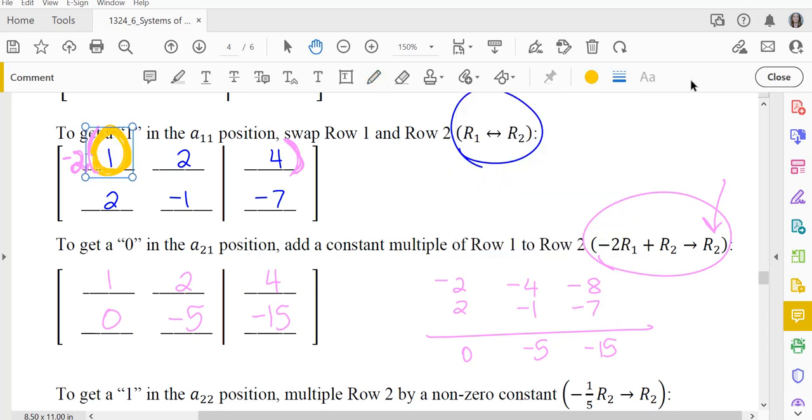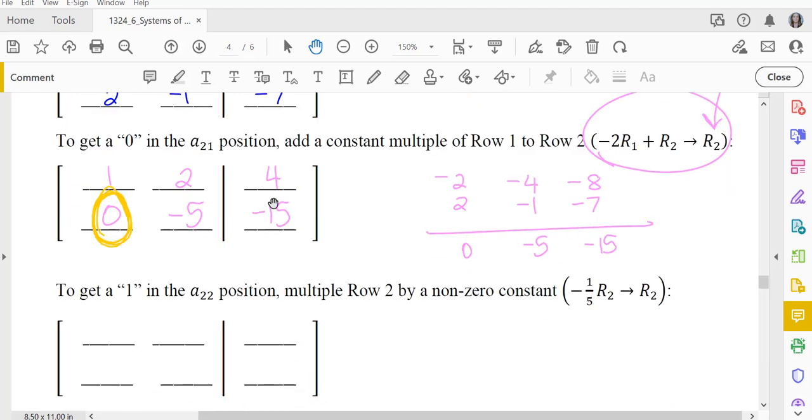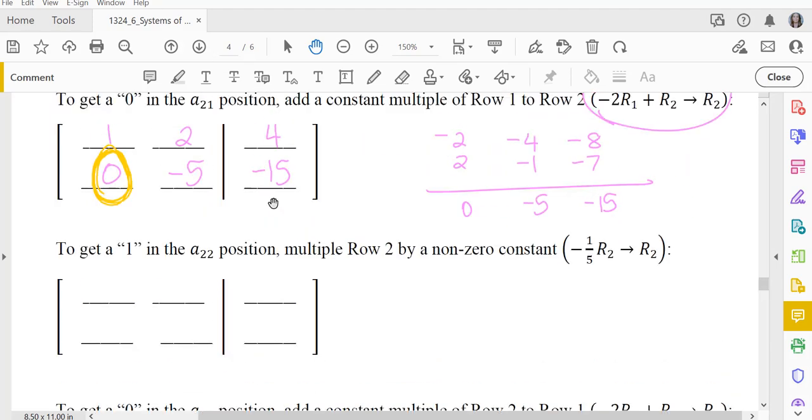We got a 1 in the top left, then we went after getting a 0 in the bottom left. Next, from this matrix, we want to get a 1 right here.